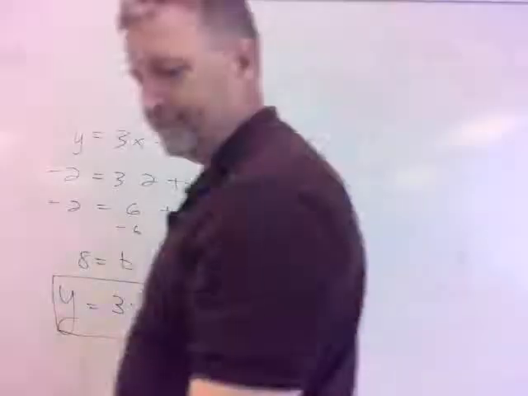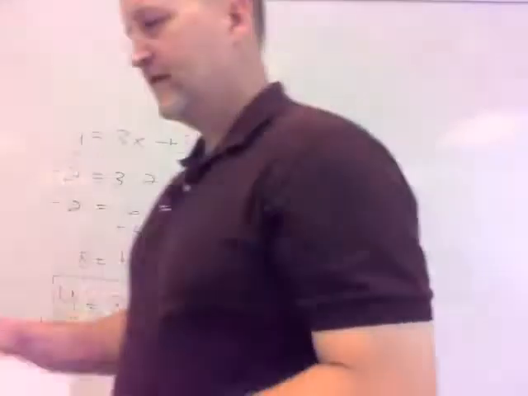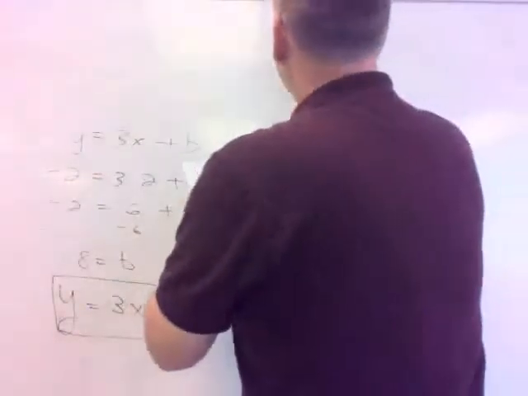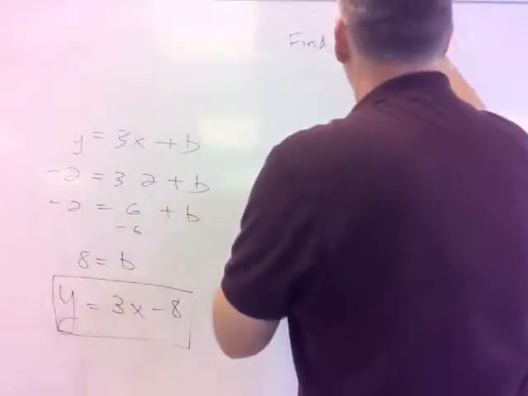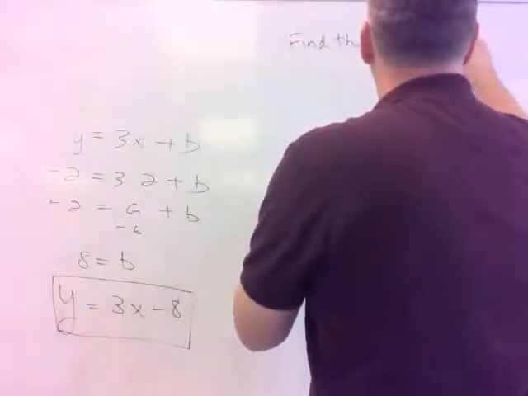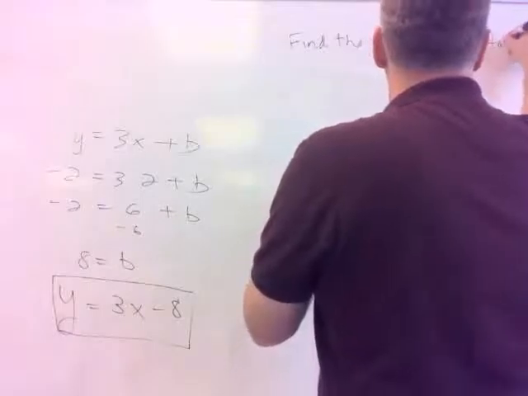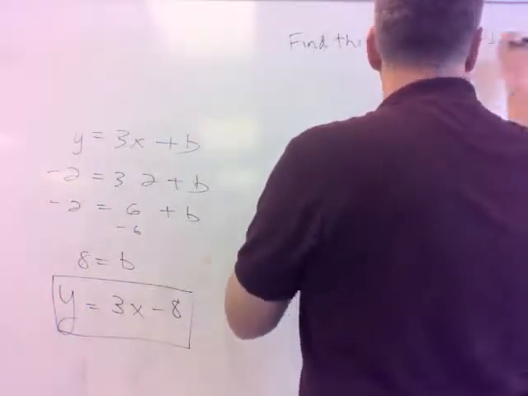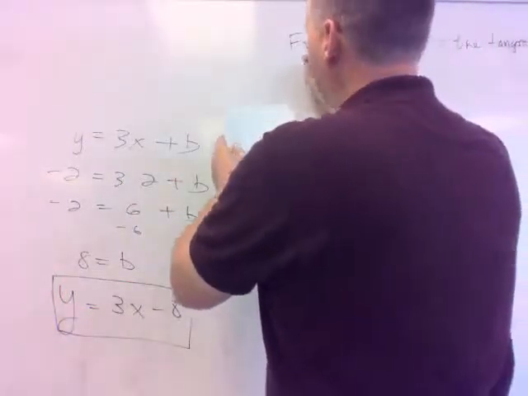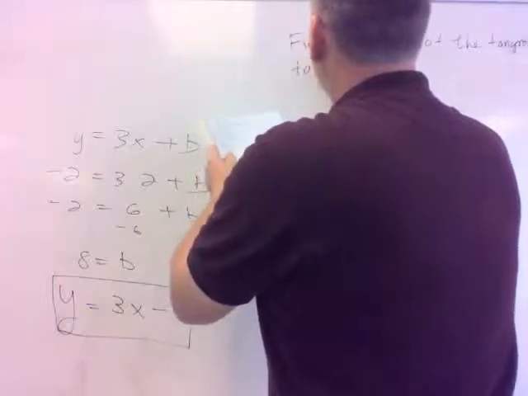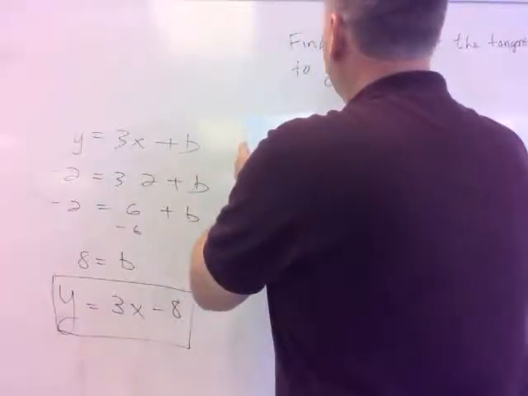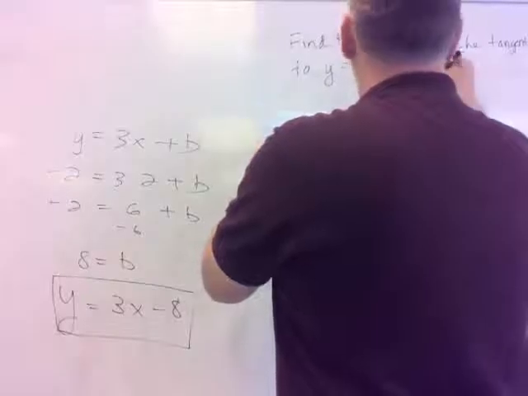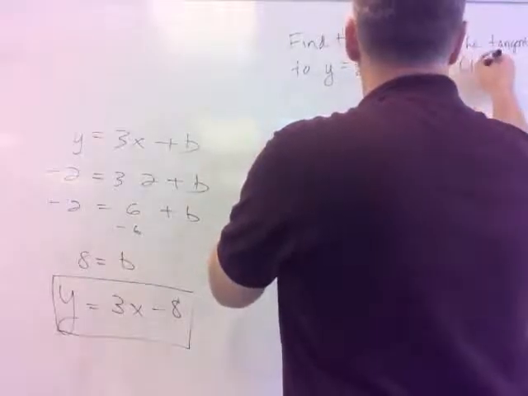Let me give you one more of these. All right, so find the slope of the tangent line. And then we could do the same thing, find the equation, but let's just find the slope of the tangent line to y equals 3x to the 4th over 2x minus 1 at 1, 3.